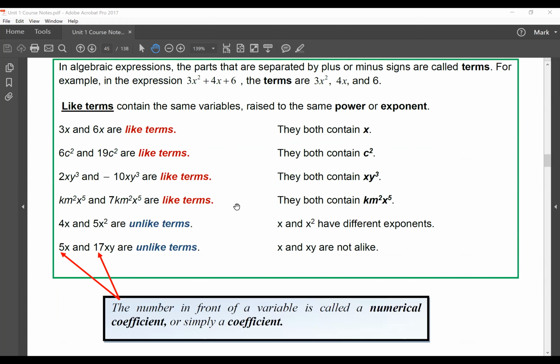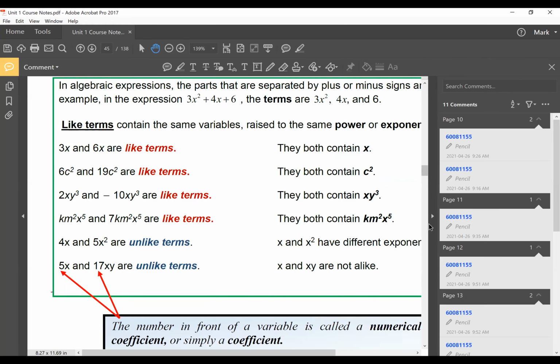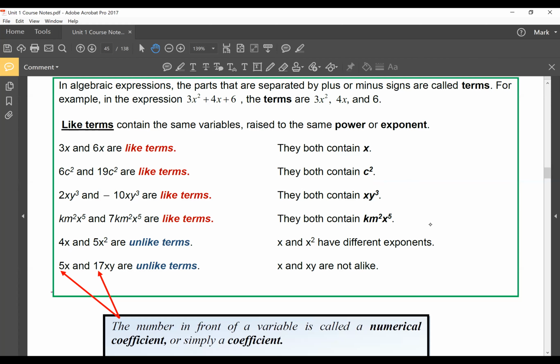A little review. What are terms? Terms are the things in an algebraic expression separated by a plus or minus sign. It doesn't need to be positive. For a term to be a like term, it doesn't have to have all of the same parts.